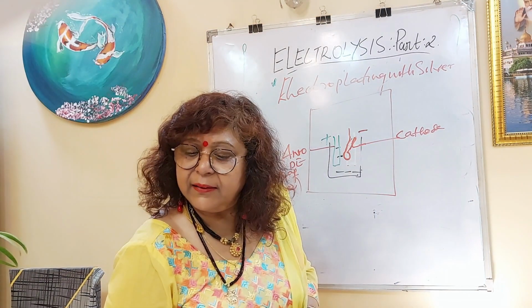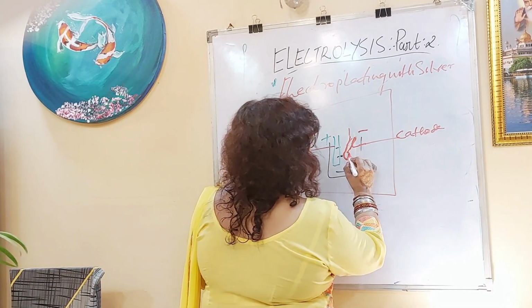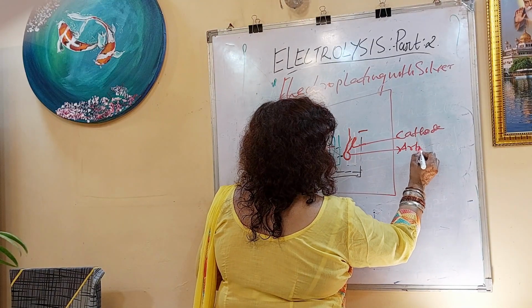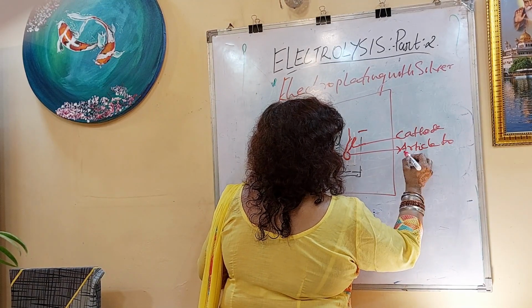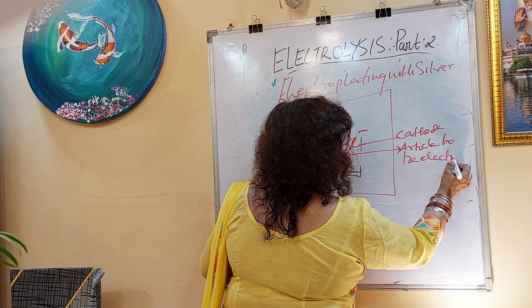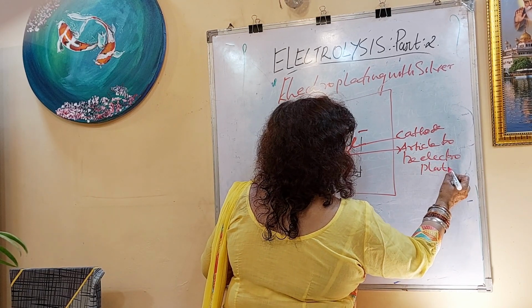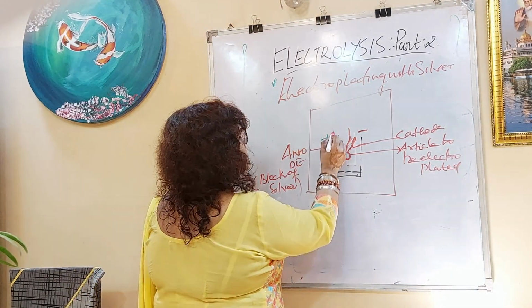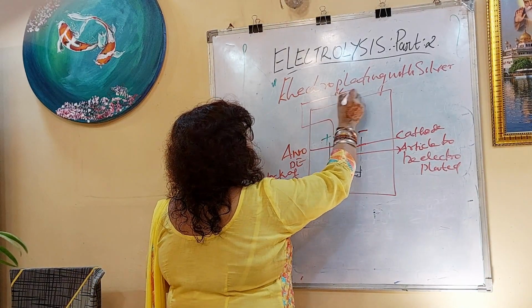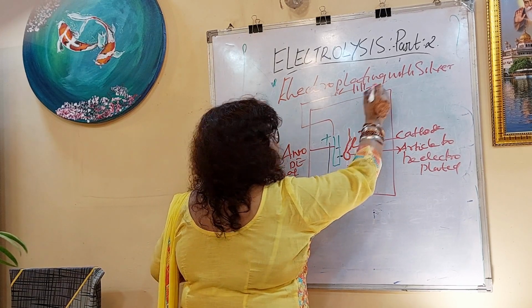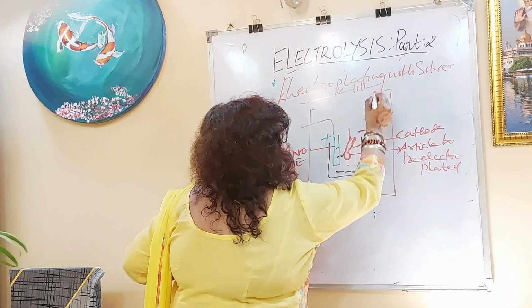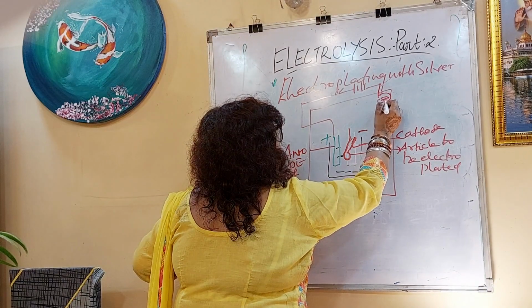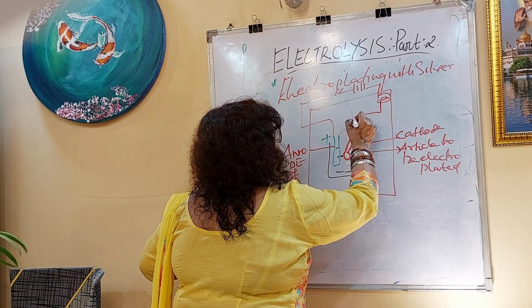The article to be electroplated, you will write. And then anode is positive. As usual, keep this battery, and then that ammeter, and then this.